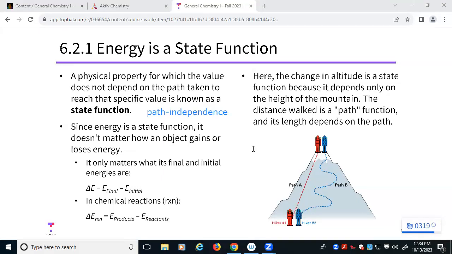Our change in elevation would be considered a state function because the distance from here to here is 2,500 feet. It doesn't matter if we take hiker one's path and try to scale up the side of the mountain and go the most direct way possible, or if we take hiker two's path and we take the mountain trail and we work our way up to the top, but it's going to take us a lot longer in terms of total distance walked.